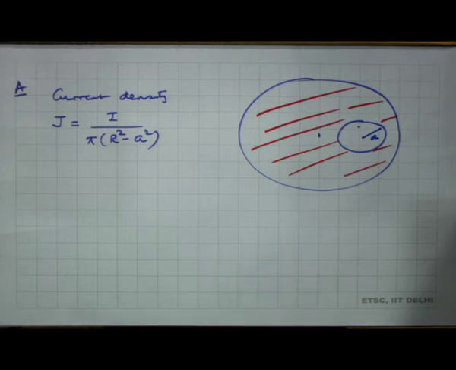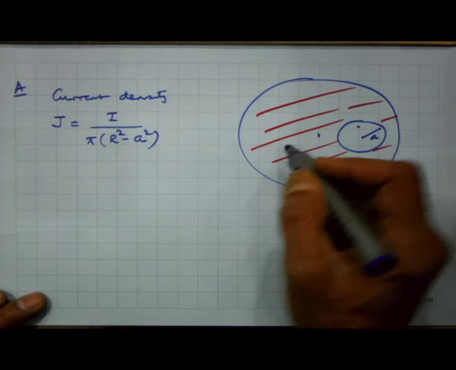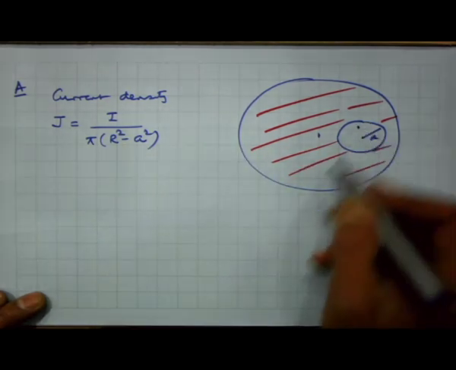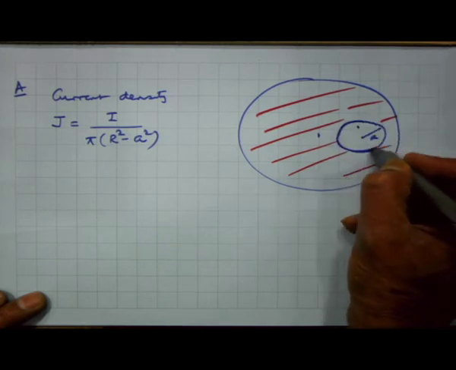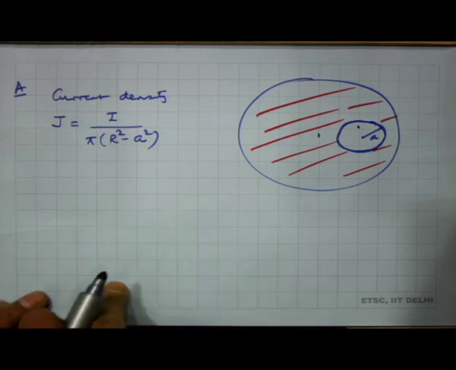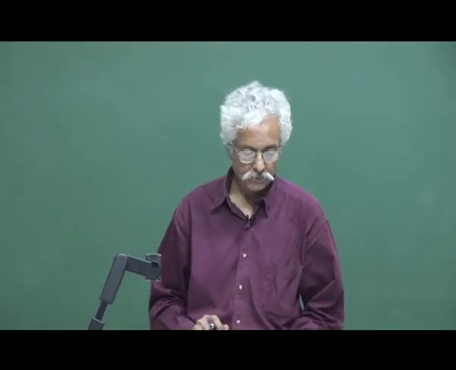So, pi times r square minus a square is the effective area through which the current is flowing, and so the current density is I by pi r square minus a square. Now I am going to calculate the magnetic field produced at this point due to a solid conductor carrying this current density. I will then calculate the magnetic field at this point due to a conductor of radius a carrying a current density J, subtract the second one from the first and calculate the total magnetic field, always keeping track that magnetic field is a vector quantity.